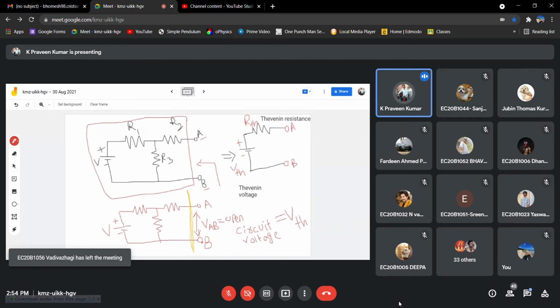Across these terminals A and B, what is the voltage available? That voltage is known as open circuit voltage. That voltage is VTH, right? How can you calculate this voltage? Just by using KCL or KVL, which we are familiar with. You can use KCL and KVL and we can calculate this open circuit voltage, right? So let us take an example, then it will be easy for us.